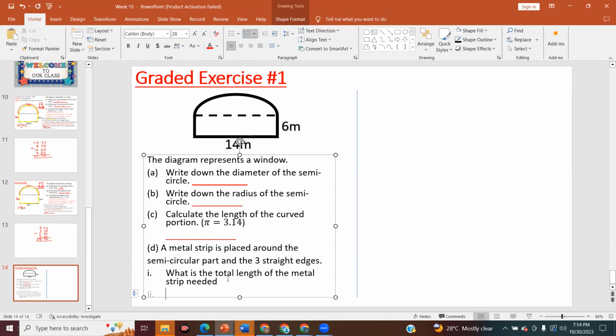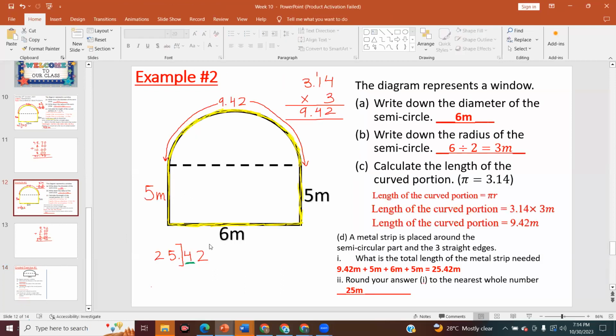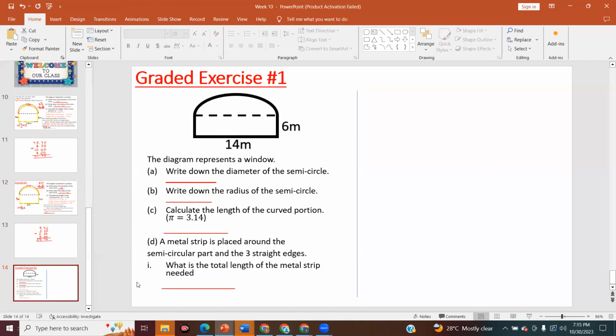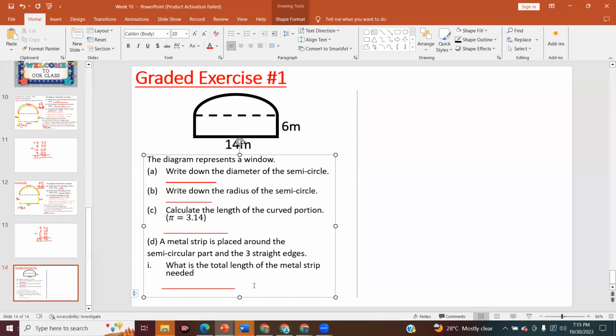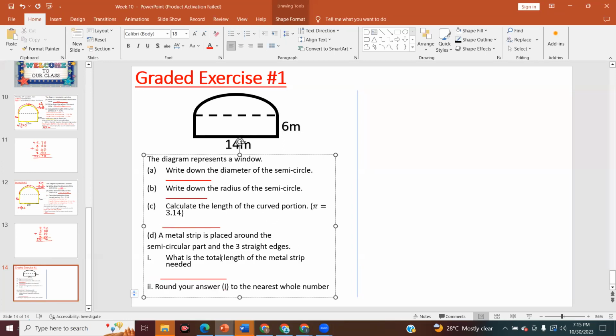And lastly, we want you to round it to the nearest whole number. All right, so that's the thing right there, round it to the nearest whole number. Okay, good. That's that section.